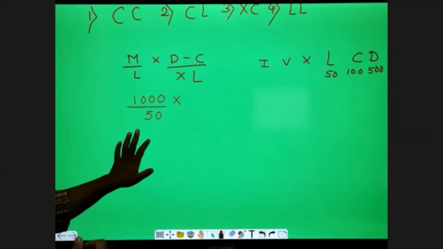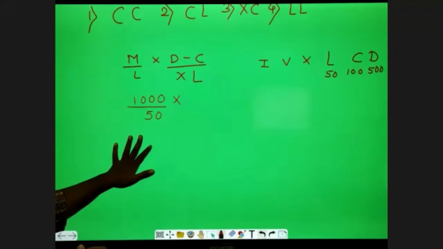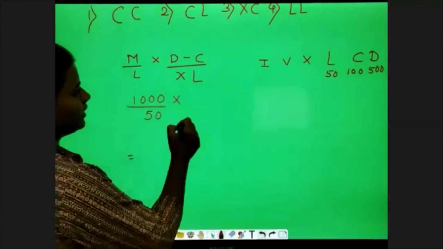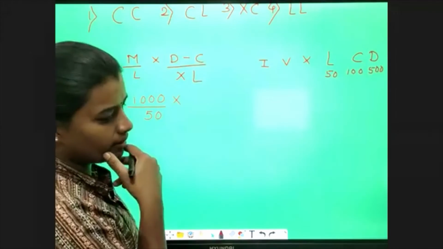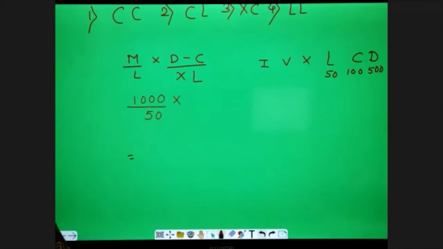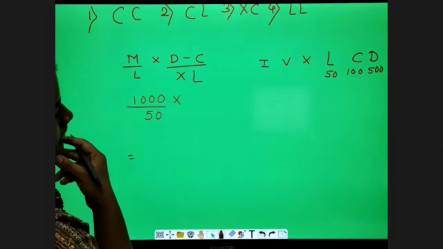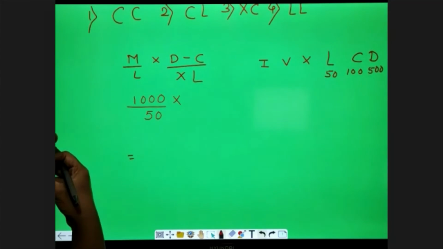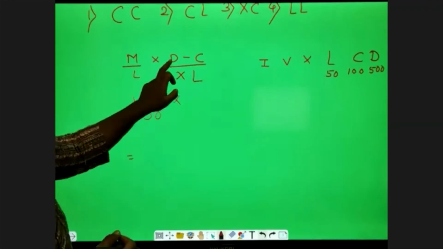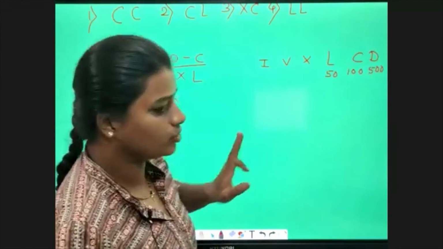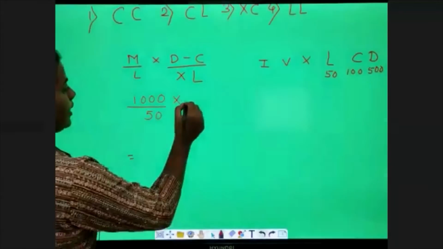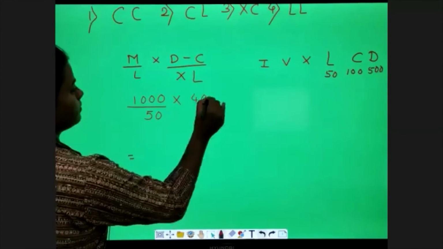Yes. 1000 upon 50, is it right? Yes. Multiplied by D minus C. D minus C will be 500 minus 100. How much will it be? Yes, 400.